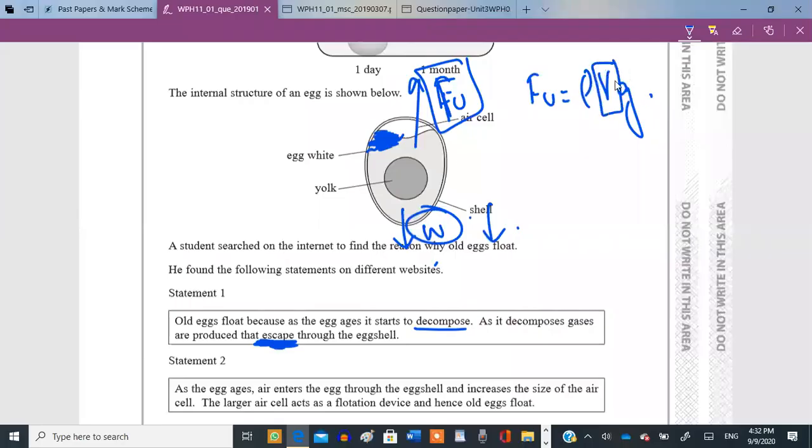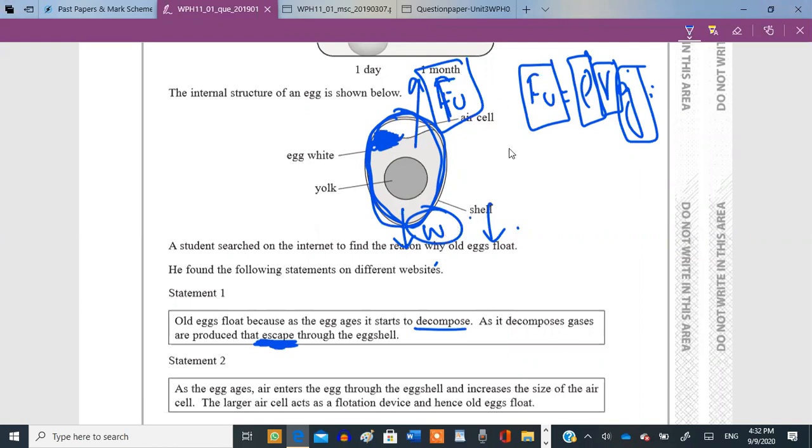The volume is constant. The volume is not changing because the eggshell determines the volume, and the shell is not breaking; it's just the gases that are leaving it. Rho is the density of the fluid in which the egg is immersed, and the density is constant, and g is also constant. So the upthrust is not changing. W is reducing, the weight is reducing.